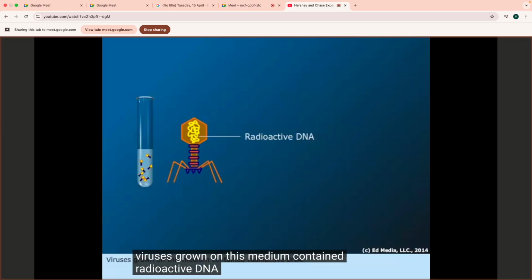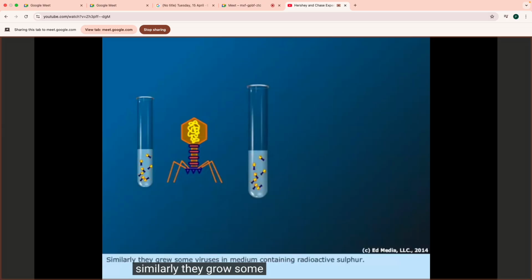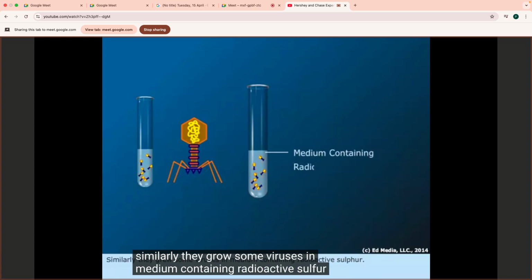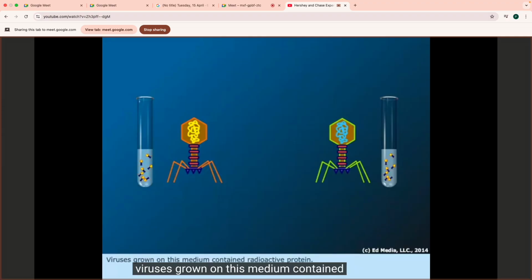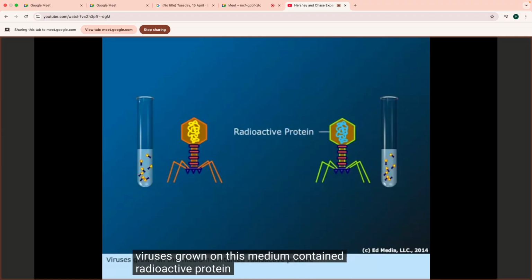Viruses grown on this medium contained radioactive DNA. Similarly, they grew some viruses in medium containing radioactive sulfur. Viruses grown on this medium contained radioactive protein.